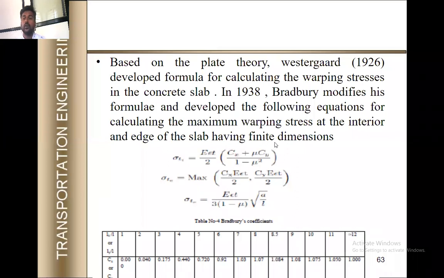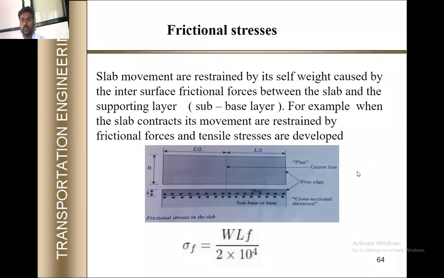They have given the formula for calculating the warping stress sigma t for the interior portion, edge portion, and for the bottom fibers at the corner place. So at these three locations, they have given the formula for calculating the stresses.